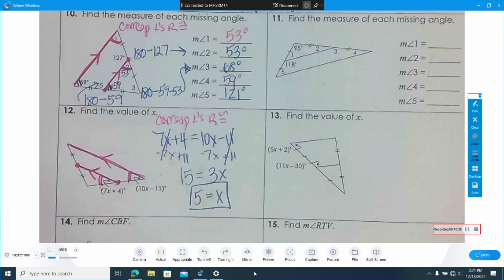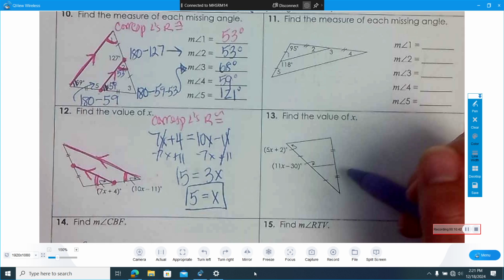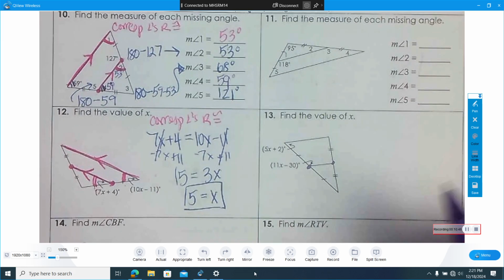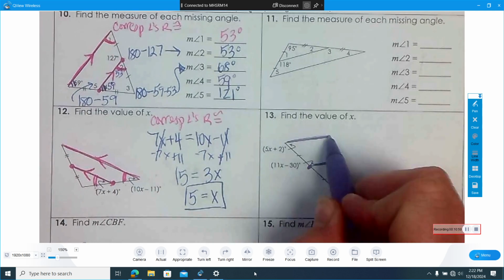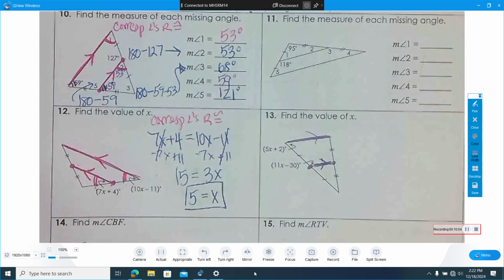Questions on that one? All right, number 13, again, finding the value of x. So once again, I have a midpoint and a midpoint with my little congruence markings there. Therefore, we have a mid-segment, and we know they are parallel to the third side there.